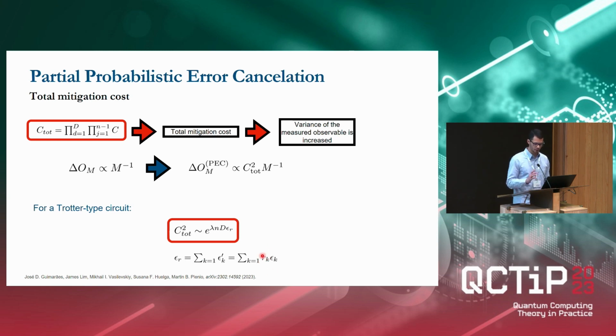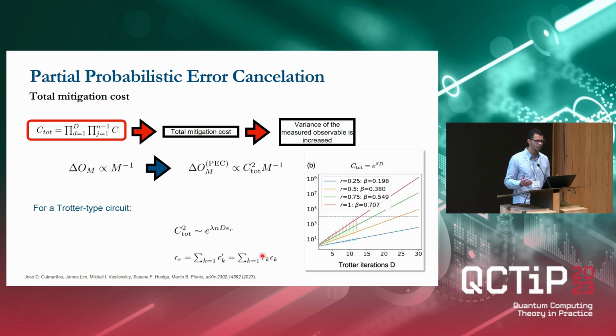Okay? So let me illustrate this aspect a bit better. So we performed some noise benchmarking experiments in the IBM quantum devices, and we calculated the total mitigation cost with these characterized error probabilities. So here plotted is a total mitigation cost as a function of number of total iterations D, and as expected, we have an exponential increase of this cost with the number of iterations.